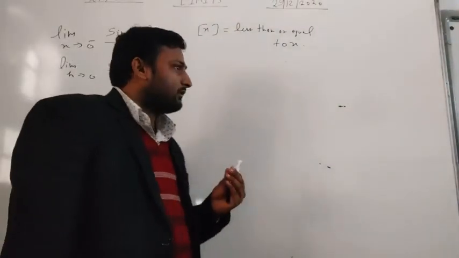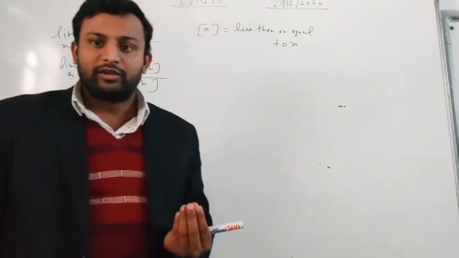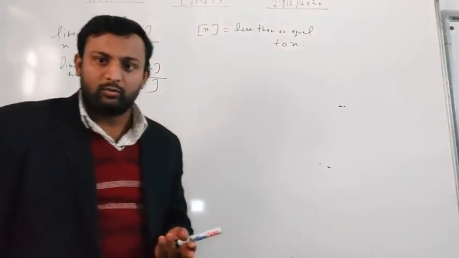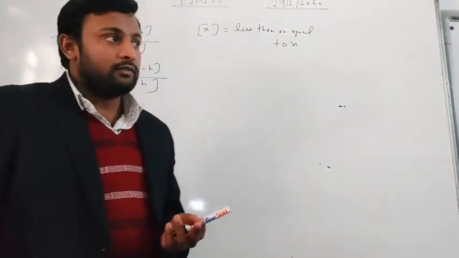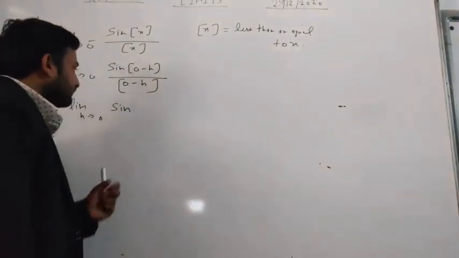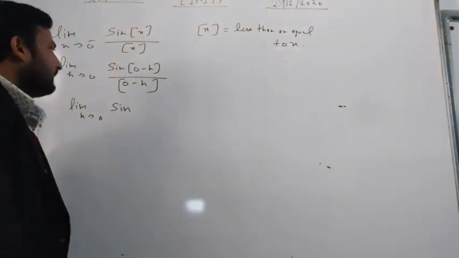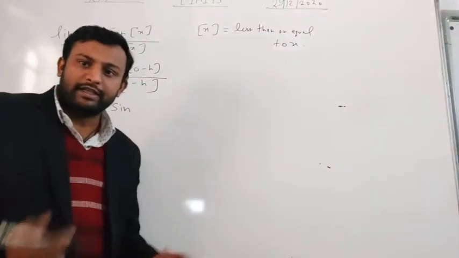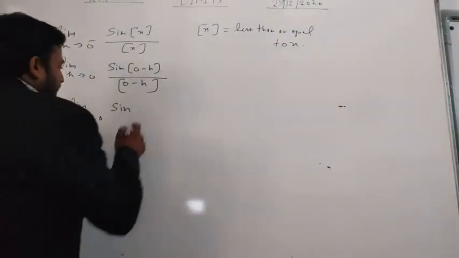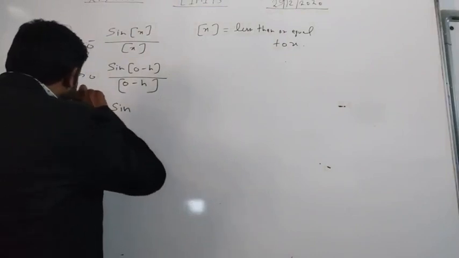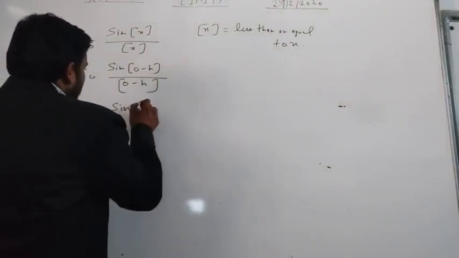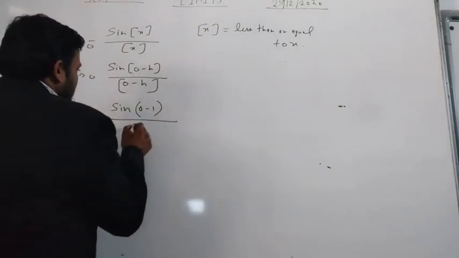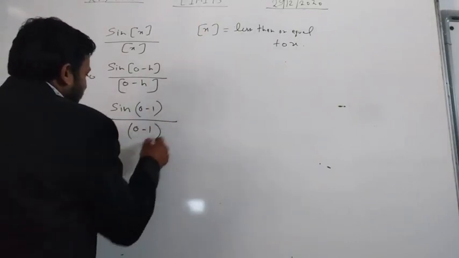When we subtract any decimal number like 0.1, 0.2, 0.3 from 0, we get 0 point something, so the integer will be 0 minus 1, and here 0 minus 1 also.